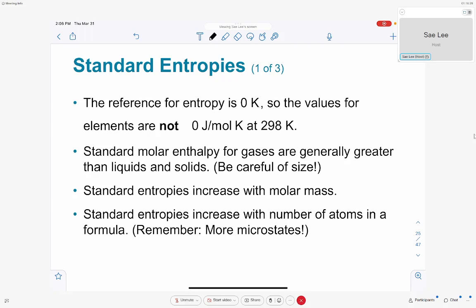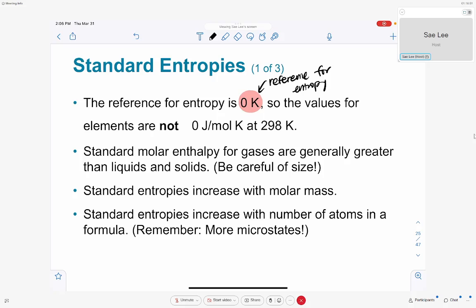Since the reference for entropy is absolute zero temperature, this is a reference point, a lower bound.